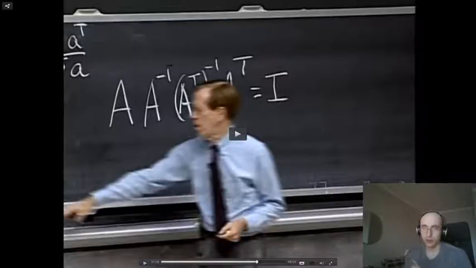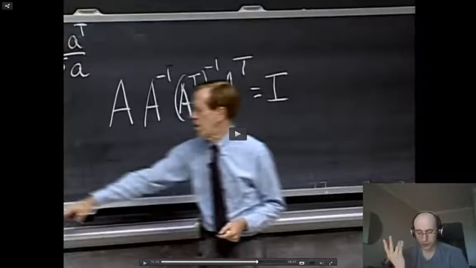Because to have an invertible matrix, we need n pivots when we are doing elimination. And if the third column is a linear combination of the first two columns, then the third row will be all zeros, because the rank of the matrix will be 2, not 3. And we won't have n pivots.